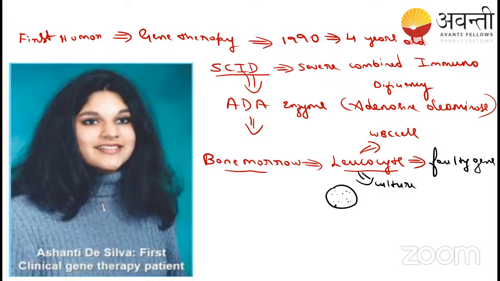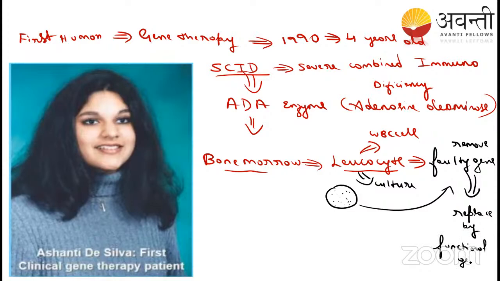Now we have so many leukocyte cells, right? Then they will remove the faulty gene and replace it with the functional gene.